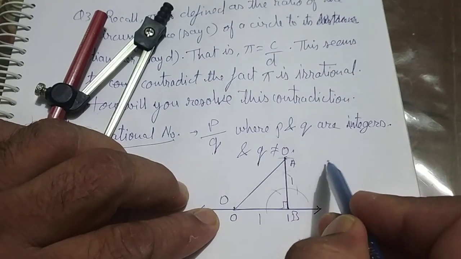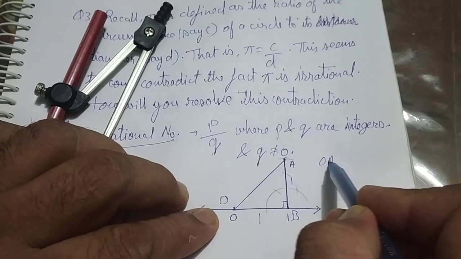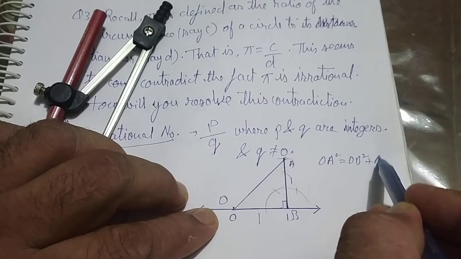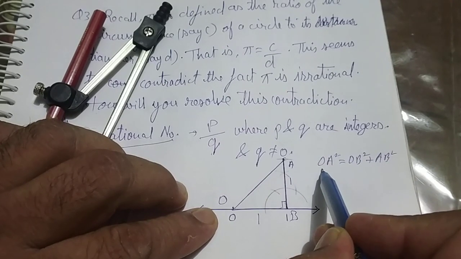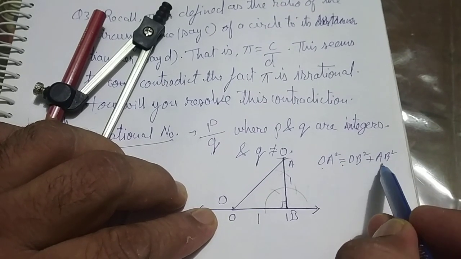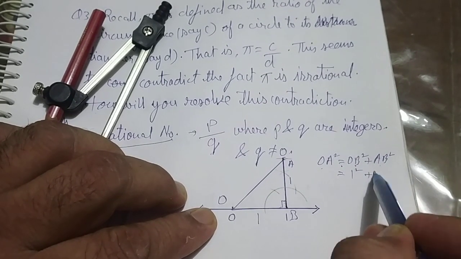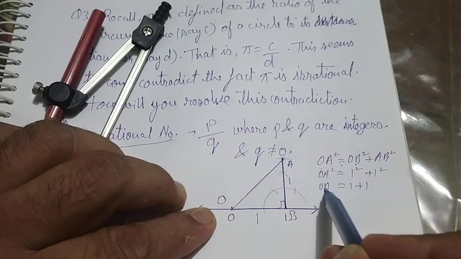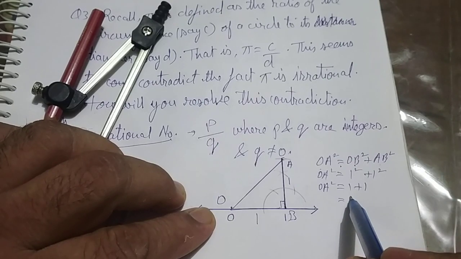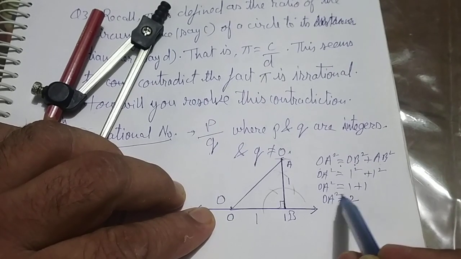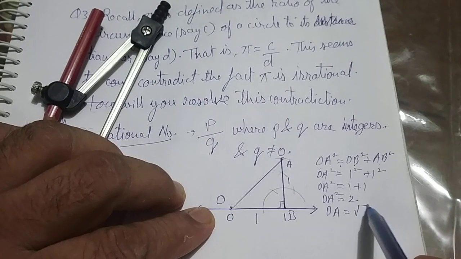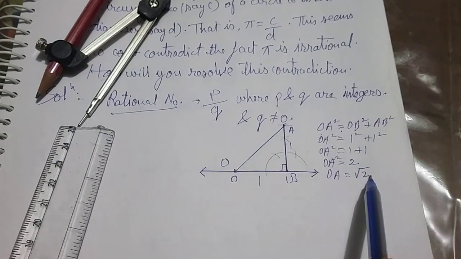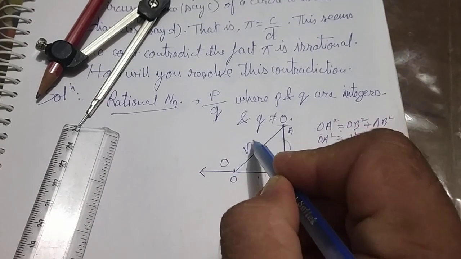So I can calculate OA by Pythagoras theorem. OA square equals OB square plus AB square. Hypotenuse square equals base square plus perpendicular square. So 1 square plus 1 square is 1 plus 1. So OA square is 2. So OA is root 2. When we transpose this square to the other side, it becomes root. So this length is root 2.